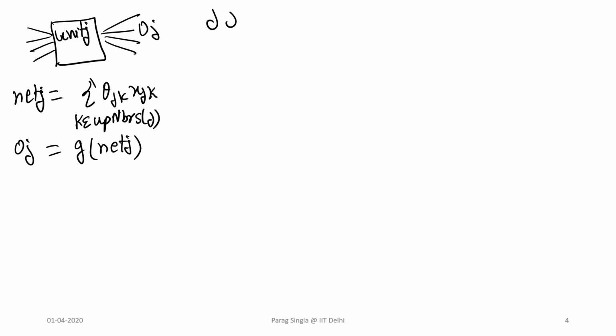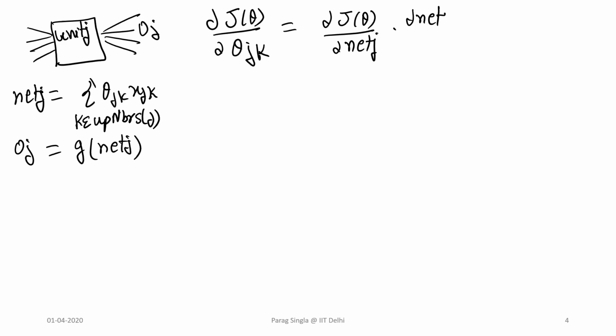Now we are interested in the derivative of J(theta) over theta jk. Because we want to express this in the form of net j, I can apply the chain rule by differentiating first with respect to net j and then differentiating net j with respect to theta jk. Is that okay?